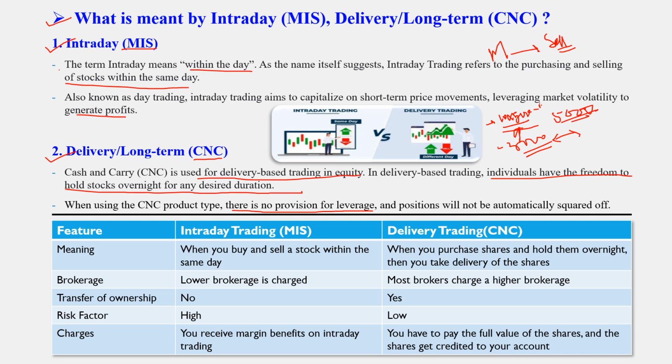We need to pay the full trading amount in long-term trading. And in delivery long-term trading, the position will not be automatically squared off by the broker, right? But in intraday, the position will be automatically squared off before the market closes on that same day.